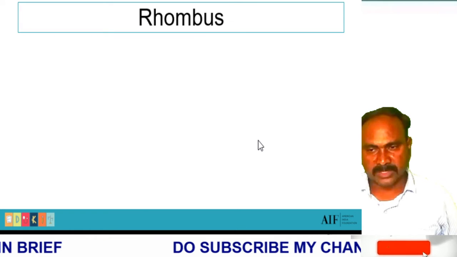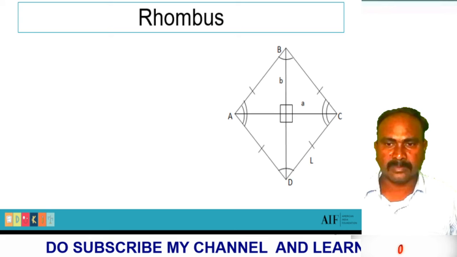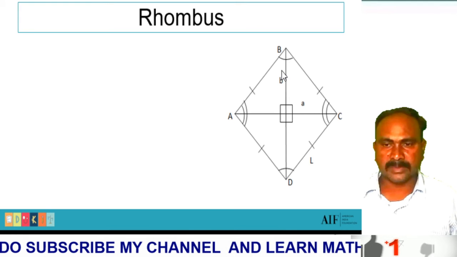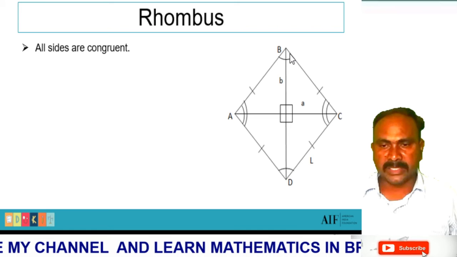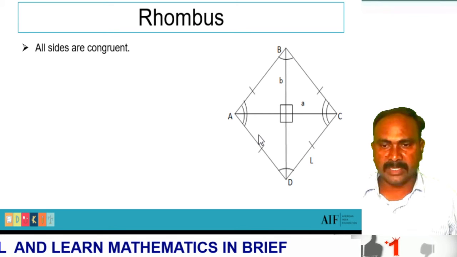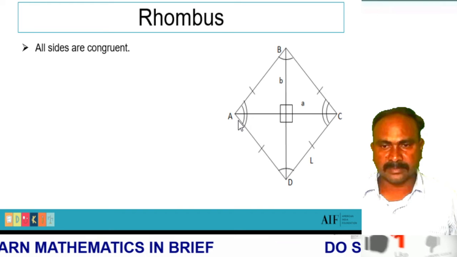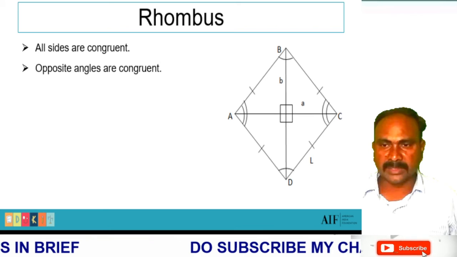Rhombus, first one. Here is a rhombus. All sides are congruent: AB, BC, CD, and DA. Opposite angles are congruent.